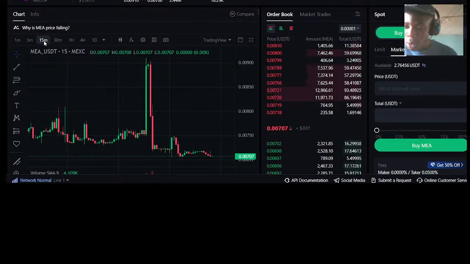So I want to compare MEA on Solana versus an ERC20 token on Ethereum. Solana lets MEA do a lot of tiny trades cheaply. That's due to Solana's low gas fees and fast blocks.